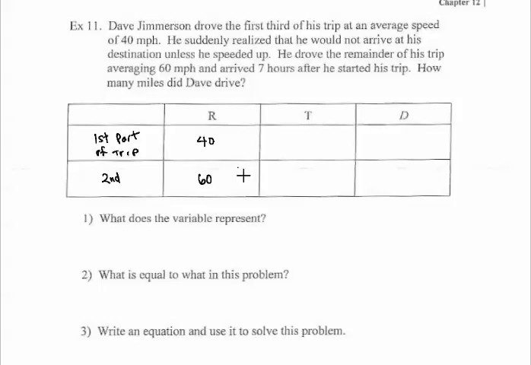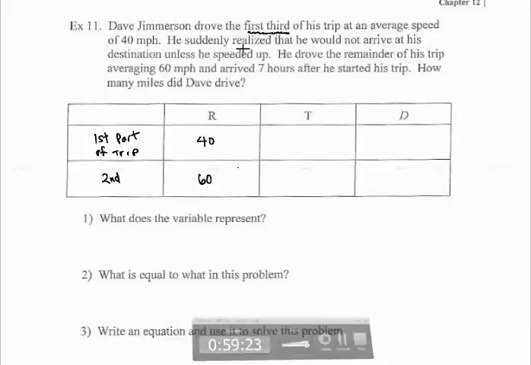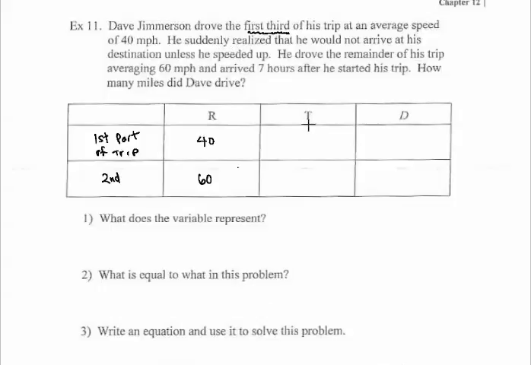Now it says the first third, and so kind of subtle, but this should tip you off as to how we're going to set up the distance. Up until this point, what we've usually been doing is we write the numbers into the rows, and then we would use our variable for t.